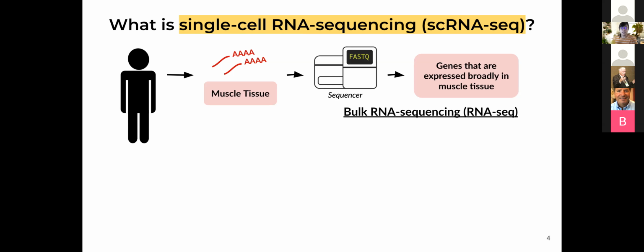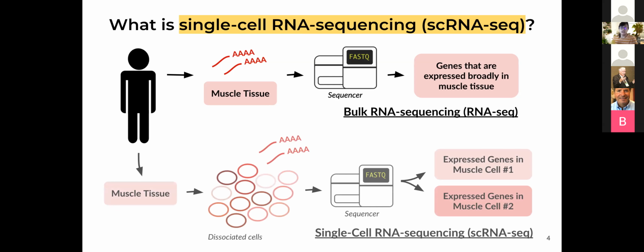However, this method doesn't allow us to evaluate cells directly, and instead compiles a bulk analysis of a tissue. On the other hand, single-cell RNA sequencing is a newer technique that allows you to evaluate the transcriptomes of individual cells within a single tissue, or even a whole embryo.